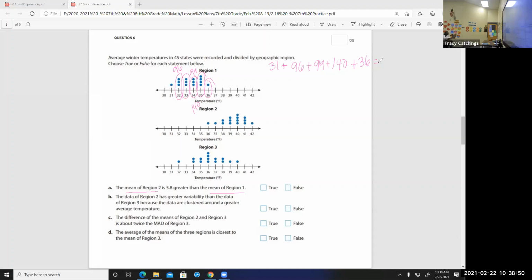Somebody check for us. I got 402. I need somebody else to check. 402. All right. How many total dots do we have?